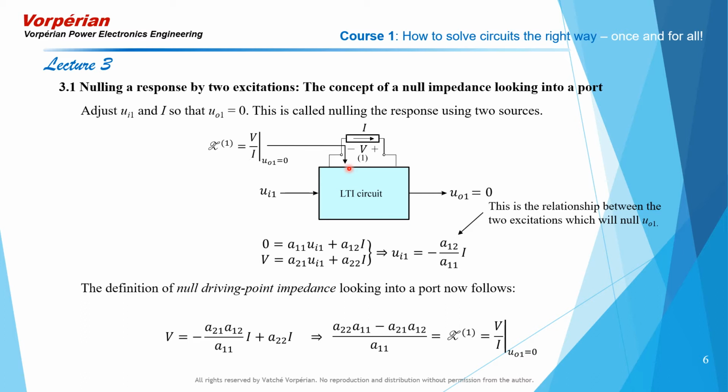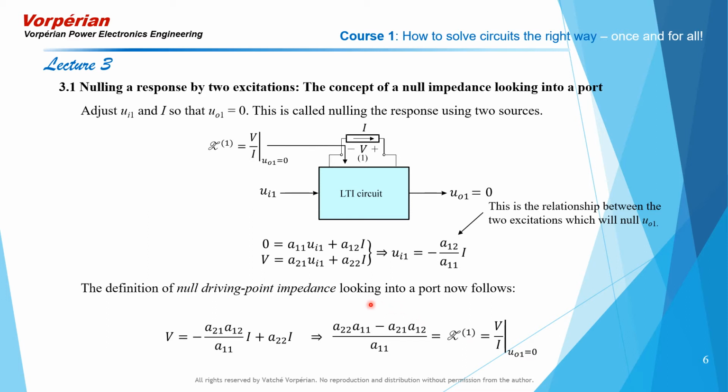Very important for you to realize at this point: this is an operational method. Null impedance looking into a port of a network is an operational method, meaning you go on the circuit and you do some circuit analysis to actually figure out this complicated mathematical expression. So the null impedance looking into port 1 is an operational way of performing this algebra on the circuit diagram rather than actually sitting and cranking out pages of algebra doing A22 times A11 minus A21 times A12 divided by A11.